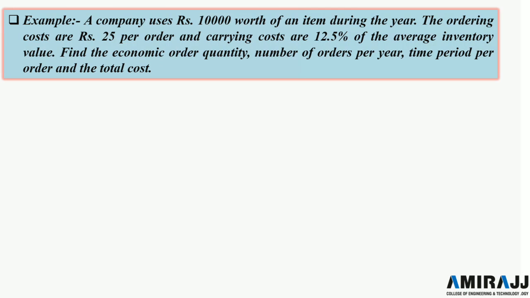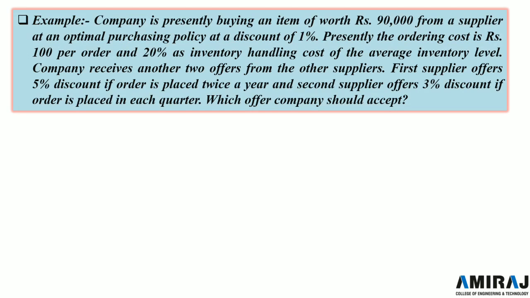Let us take one more example. A company is presently buying an item worth 90,000 rupees from a supplier at an optimum purchase policy at a discount of 1%. Presently the ordering cost is 100 per order and 20% as inventory handling cost of the average inventory level.